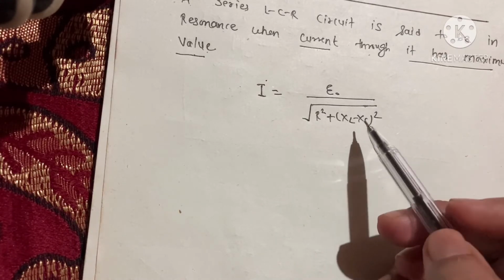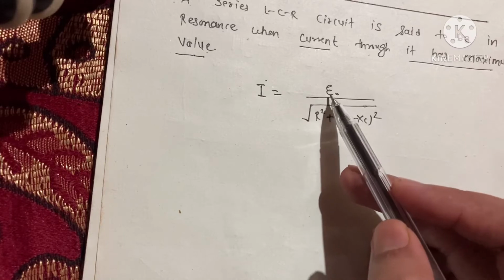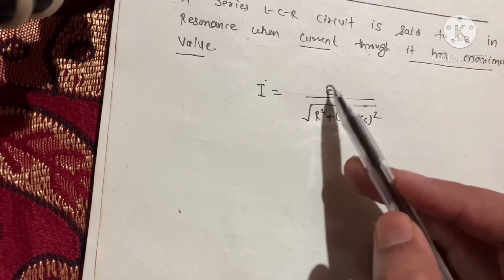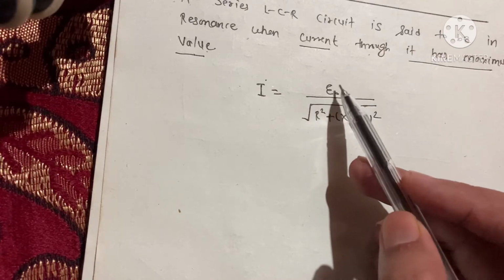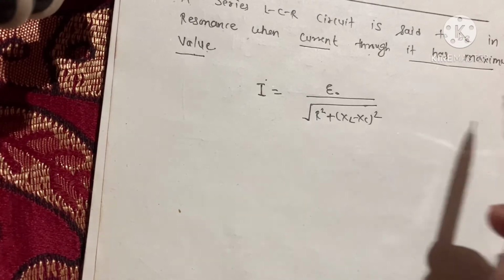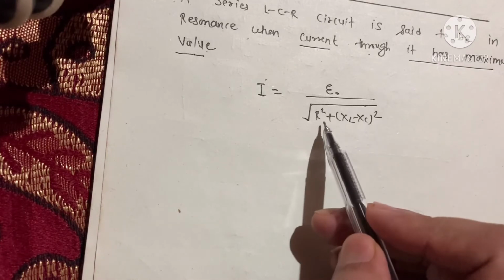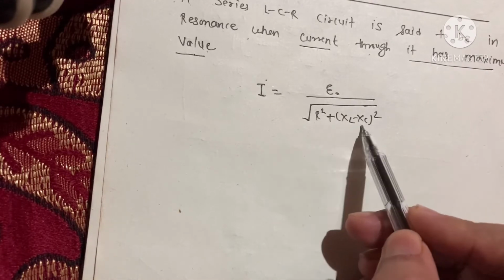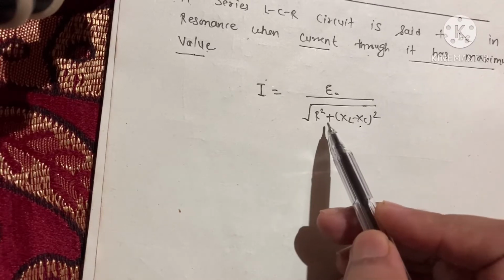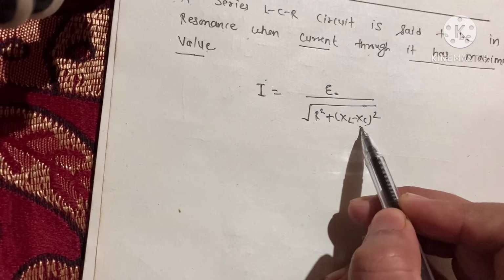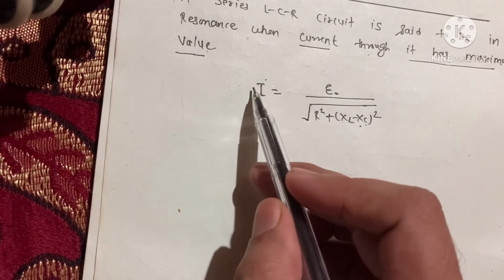There is a chance of getting maximum current by increasing the EMF to a very high value, but this is not the case, because we have a fixed EMF passing through different components: inductor, capacitor and resistor. So we have to look at the denominator. If the denominator becomes minimum, that is 0, you will get maximum current.